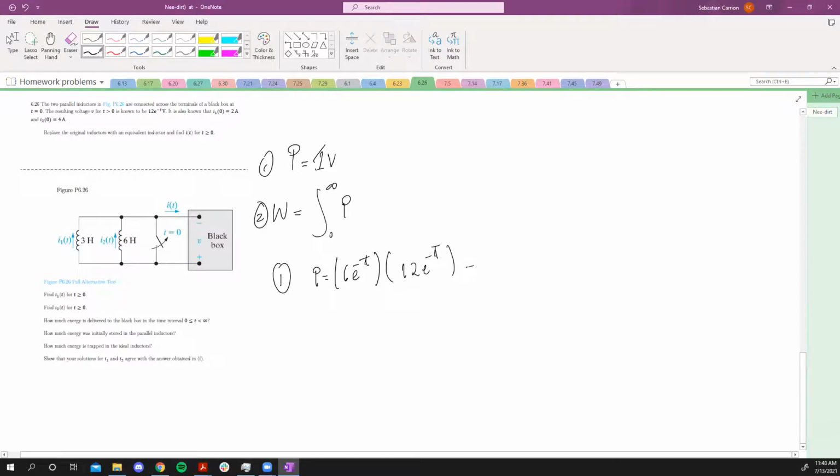If we multiply these, 6 times 12 is 72, e to the negative 2t.